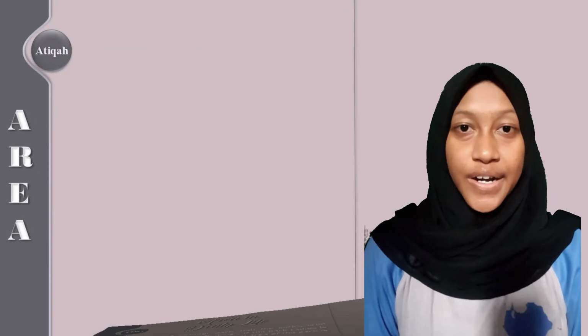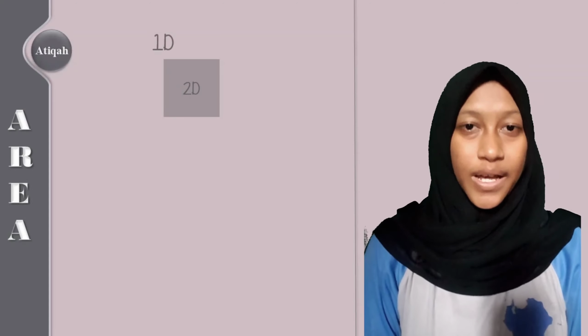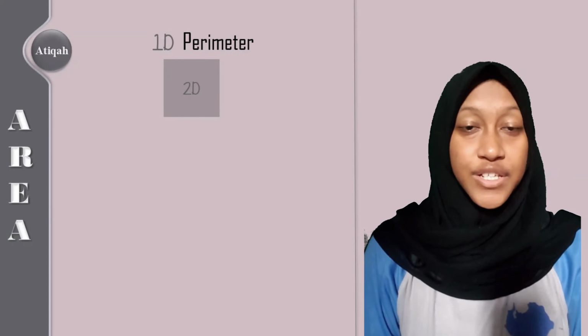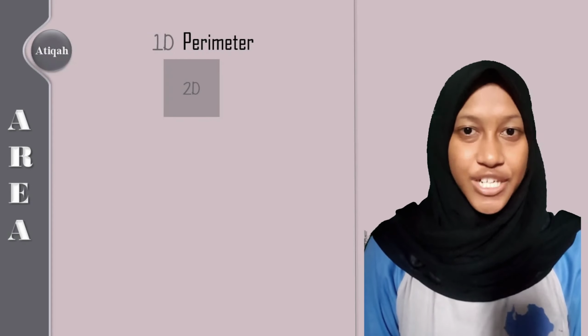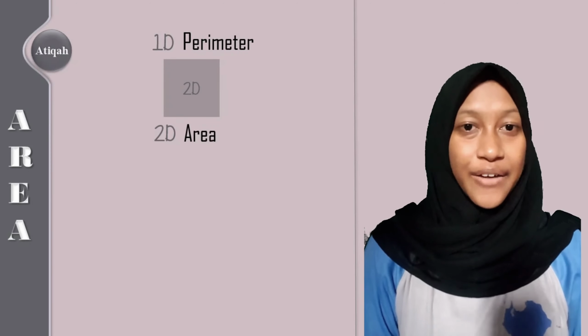Oh, okay. Before, you learned that several two-dimensional shapes have a one-dimensional quantity called perimeter, which is basically the outline of the shape. Now, you're going to learn that this shape also has a two-dimensional quantity called area.